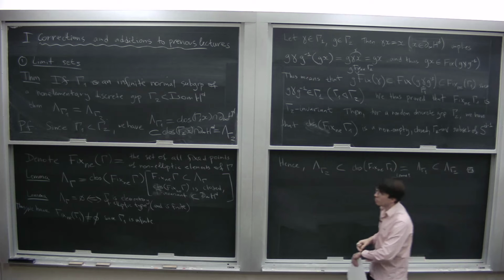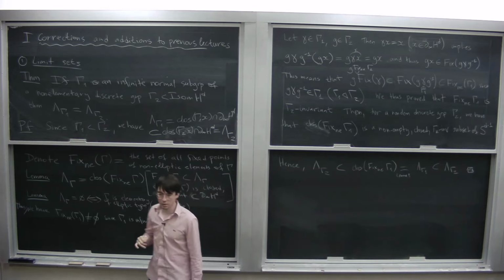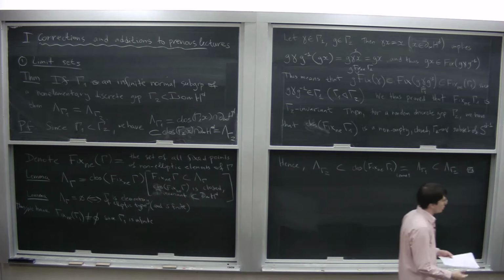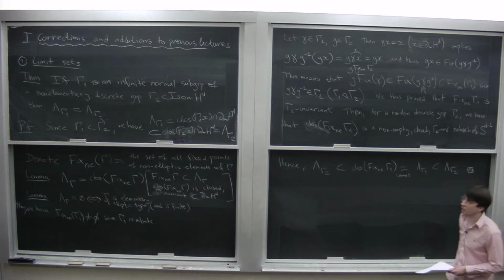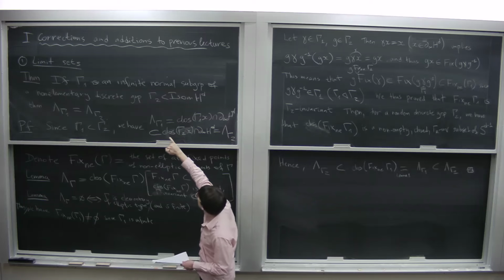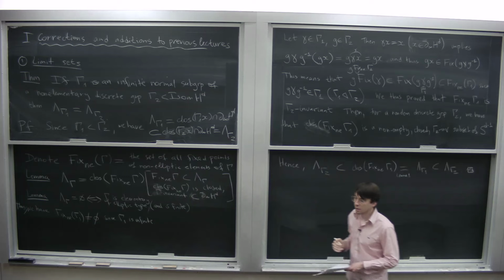Okay? So the fact that gamma 1 is infinite is really important, and you can even try to arrange an example, a counterexample to this theorem without this infiniteness assumption on gamma 1.